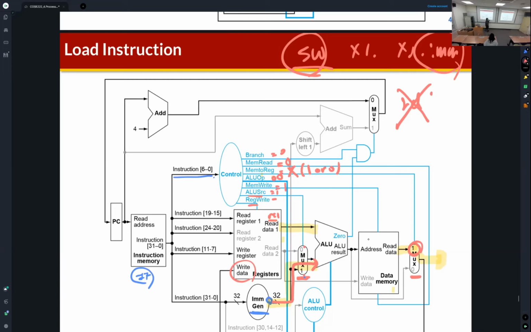How about reg write? The store instruction does not require a register write, so reg write should be 0, because the store instruction has only rs1 and rs2. So that is the store instruction.